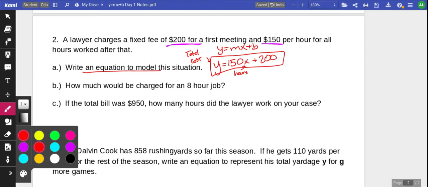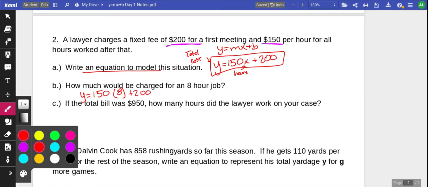All right, so how much would I be charged for an 8-hour job? Okay, 8-hour job, I'm plugging in 8 for x. It's the number of hours, not the total cost. It's the number of hours I'm asking this person to work. So I have y equals 150x, I know the x value is 8, plus 200.